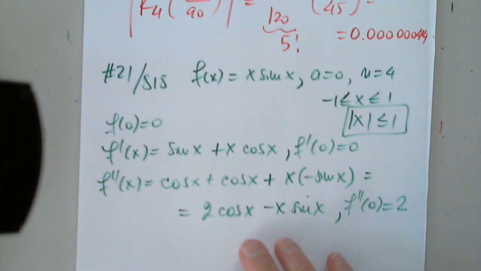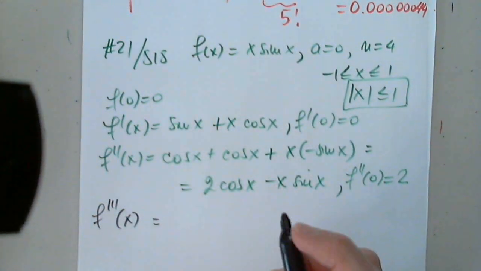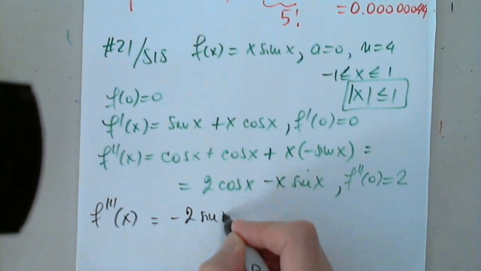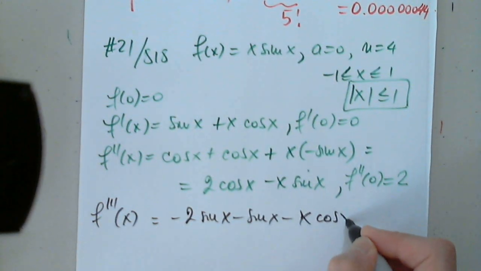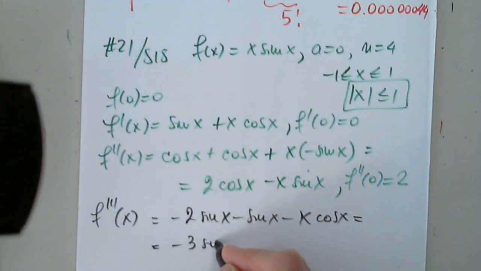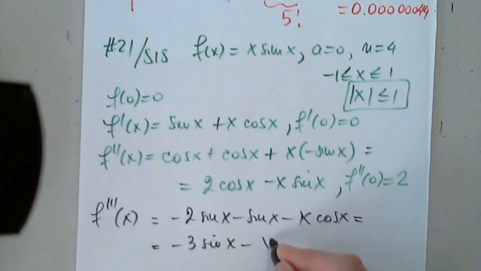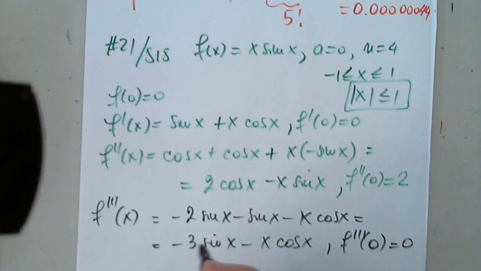Moving on to the third derivative, and that is -2 sine x minus x cosine x, and that is -3 sine x minus x cosine x. The third derivative at 0 is 0.